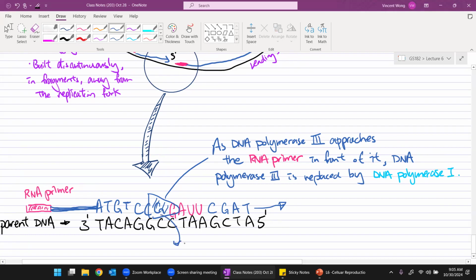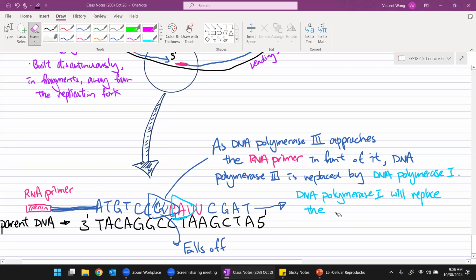Okay, so this guy falls off, and then number one's gonna take over. DNA polymerase 1 will replace the RNA primer with DNA nucleotides.